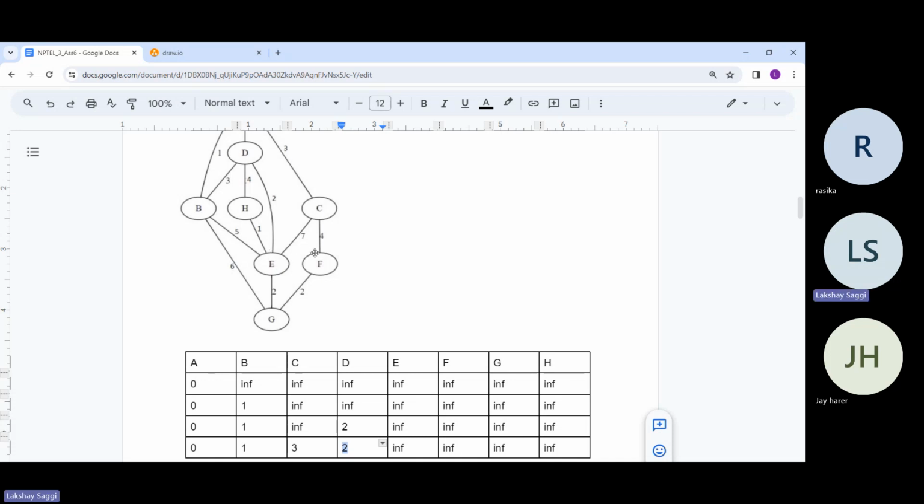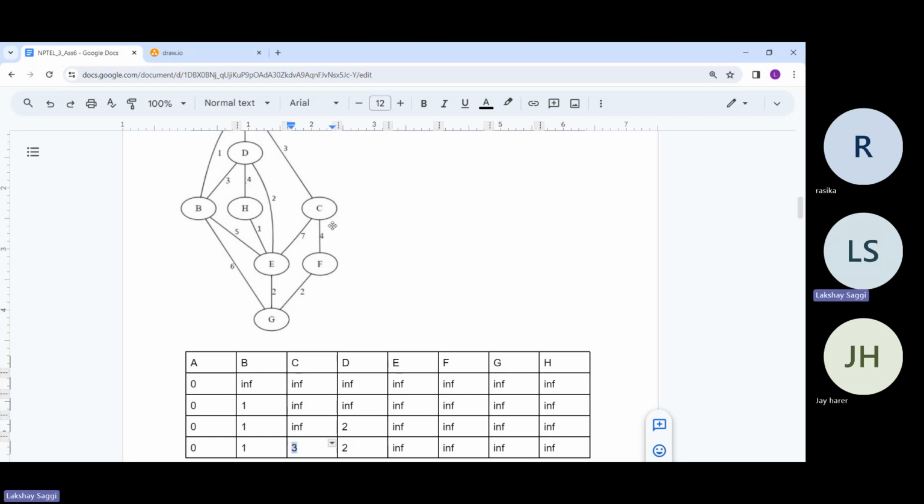Let's see the distances for F and G also first. So we know for now the closest vertex is E with a distance of 4. But we have not checked these F and G here till now. So now let's check the distance for this F. For this F, it can be seen that F only has an edge out of these visited vertices A, B, C, and D to the vertex C. And this edge has a length of 4, and C was already at a distance of 3.